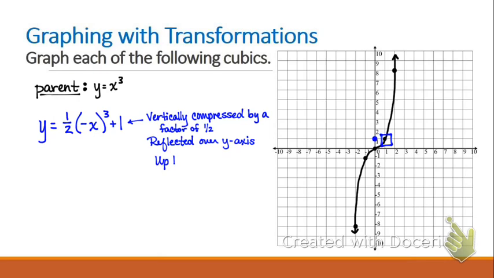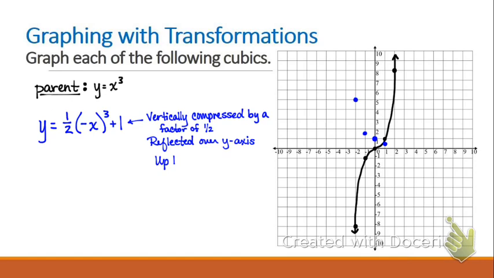And so now it's only going to be half a unit away, but on the other side of the y-axis, so like this. And that's going to be true on the other side as well. The other 2 points, they were 8 units away from that center value. And so now that distance is going to be cut in half. So now they're only going to be 4 units away from that center point, and they are going to be on the other side of the y-axis.